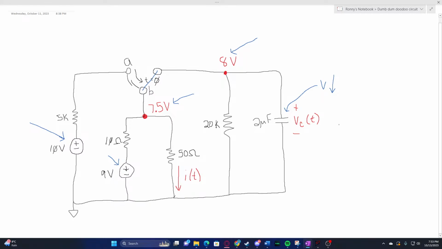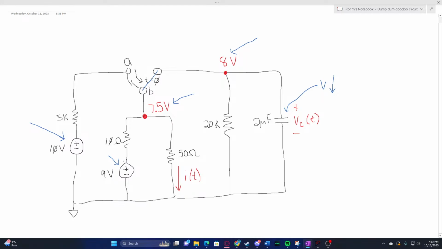Now, you might notice that we now have almost a new circuit here because of the switch changing, because we have one voltage source, this 9-volt source.